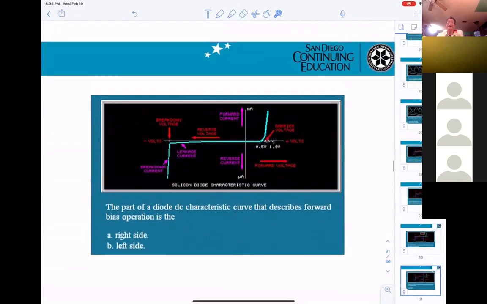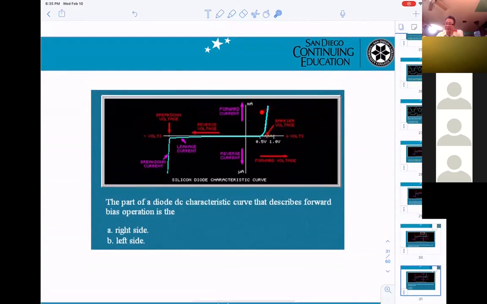Now, if you're reading on that, the part of the diode DC characteristic curve that describes forward bias operation is the right side or the left side? Easy, right? It's on the right side. This right here is forward bias. This part here is reverse bias.